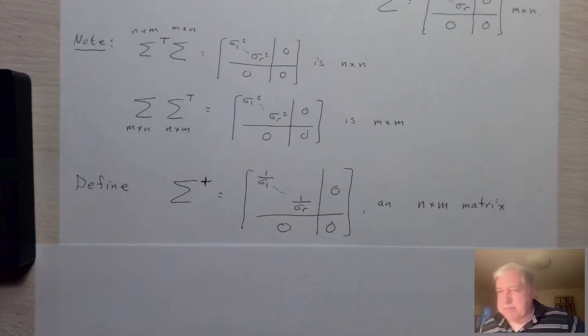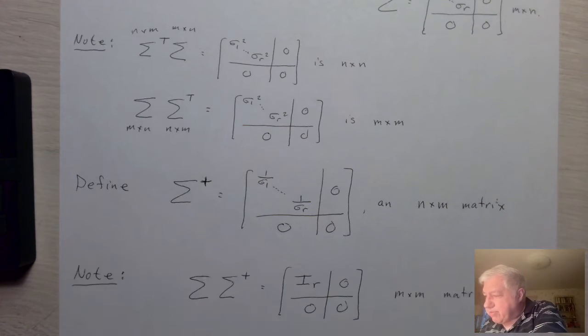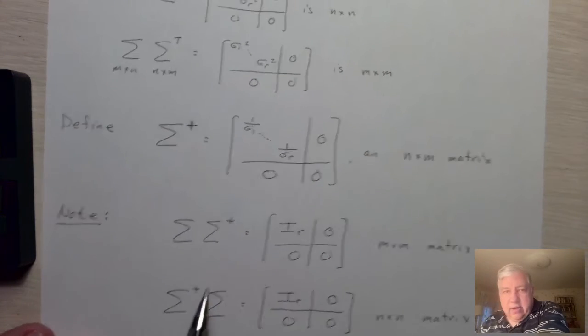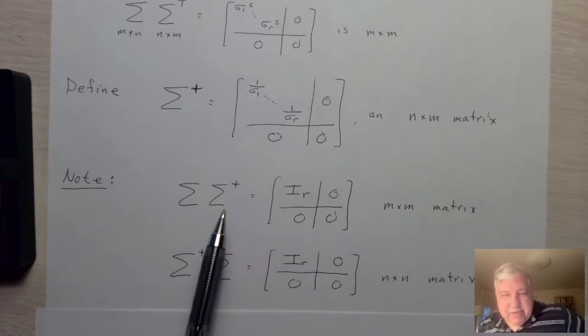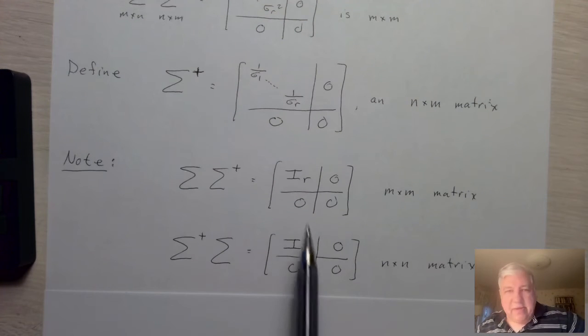So a couple of observations about this. As we said, this is an n by m matrix, and if we multiply sigma times sigma plus in either direction, we get the following matrices.